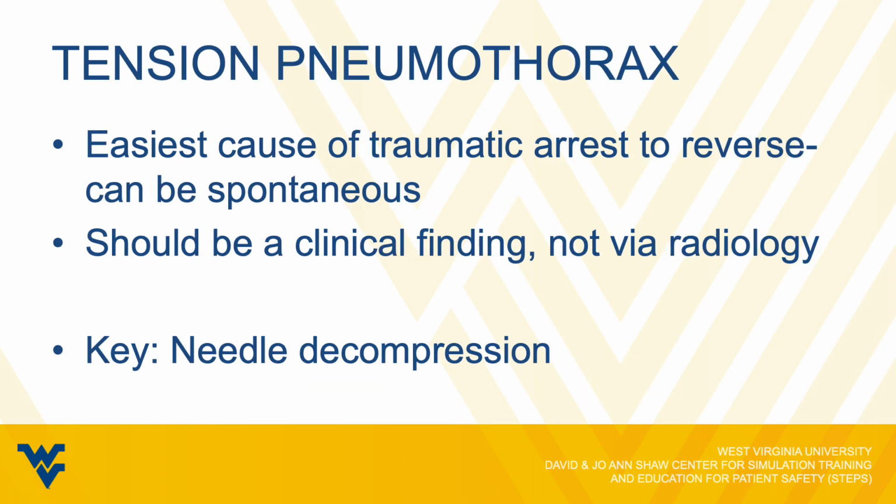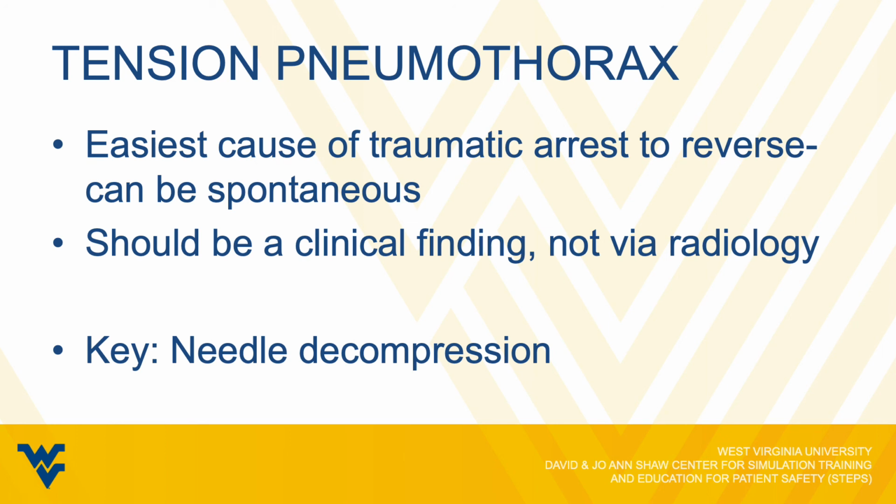Okay, tension pneumothorax. We're going to move into some trauma pathology now. This is one of the easiest traumatic arrest causes to reverse, but keep in mind that it can also be a spontaneous cause. So not all tension pneumos will present from high-speed trauma, right? It is a clinical finding. You should not find this via chest x-ray.